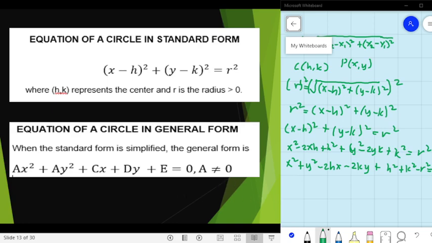So, in this case, the numerical coefficients of x squared and y squared represent A. So, meaning, it is a circle when the numerical coefficients of x squared and y squared are the same. 2h is represented by C, and the 2k will be represented by D, and h squared plus k squared minus r squared is being represented by E. And dapat A must not be equal to 0.